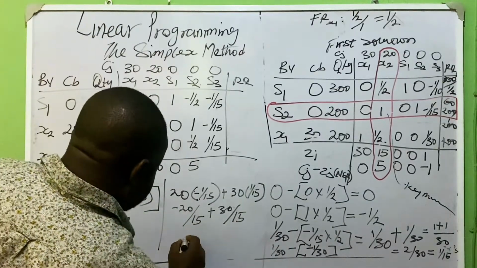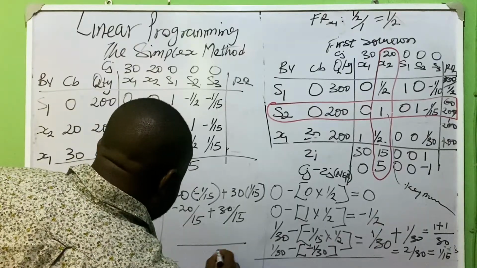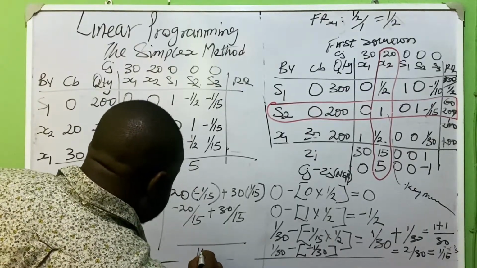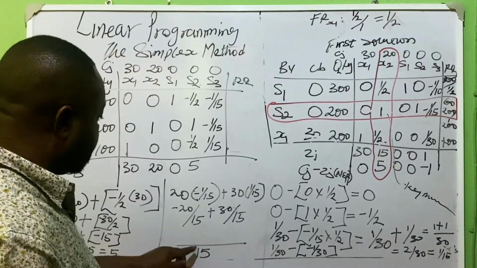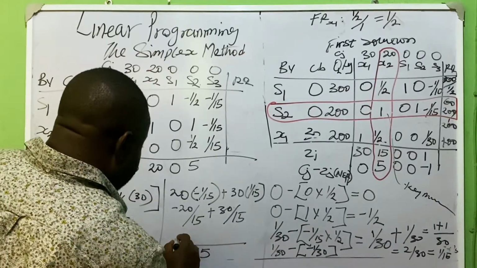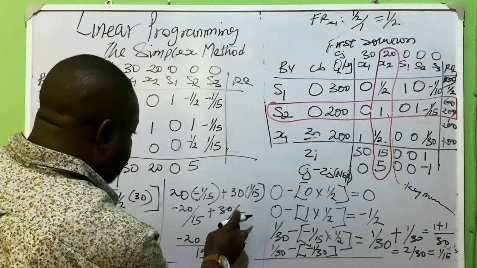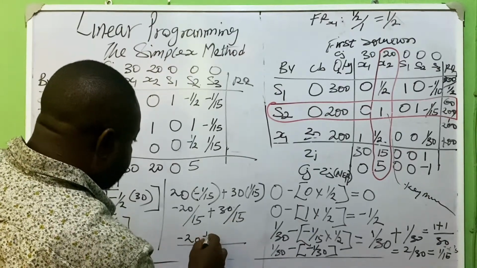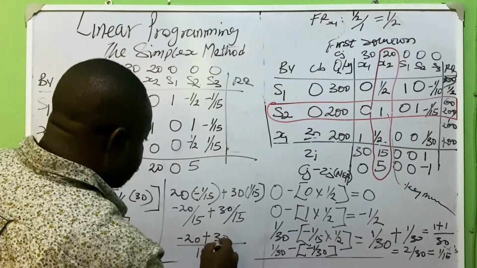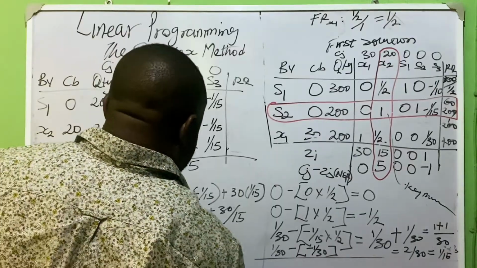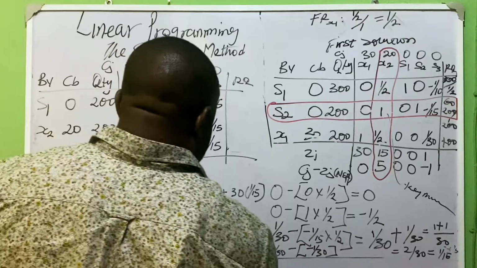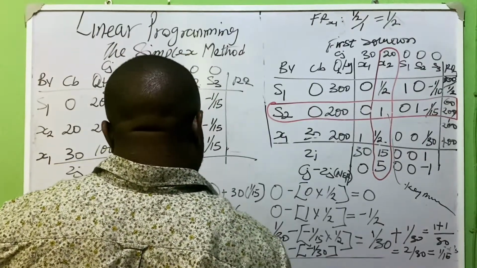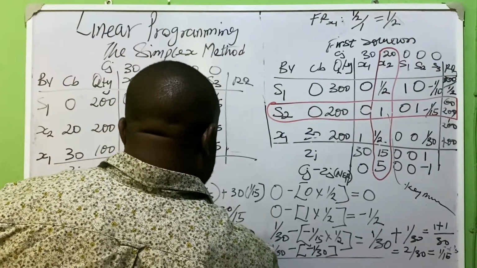So we take the LCM, which is 15, and we have 15 by itself is 1 times minus 20 is minus 20, minus this is plus 30. And minus 20 plus 30 will give us positive 10.